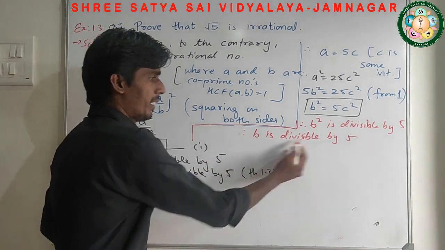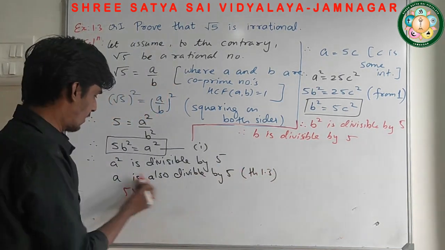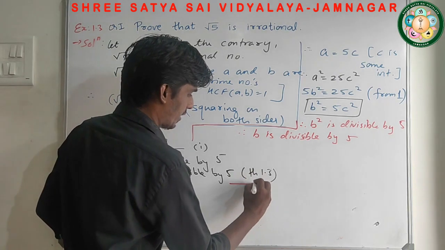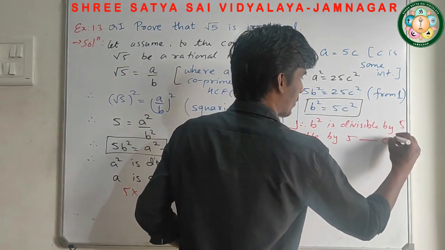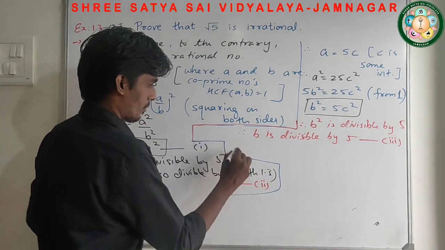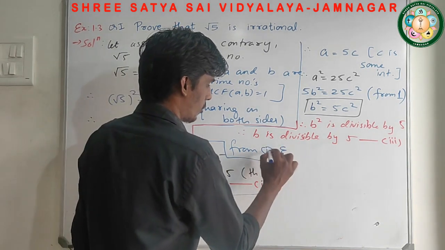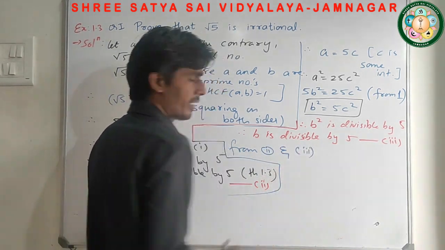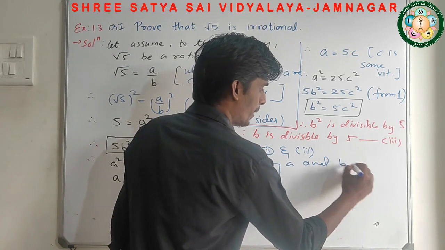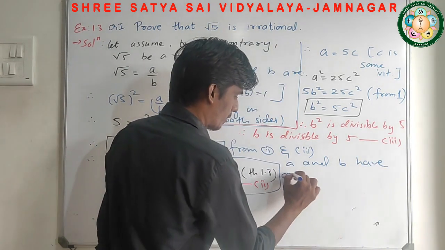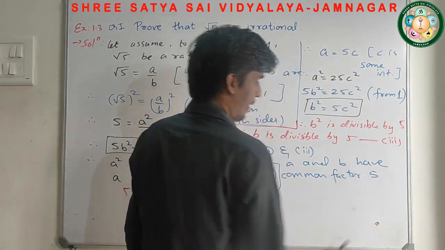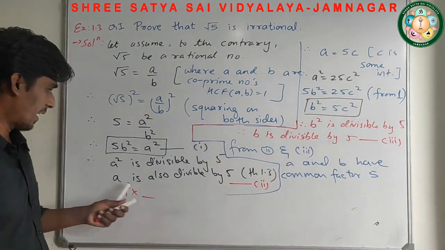So what does this mean? 5 is a factor of b and 5 is a factor of a. Say this statement is second, this statement is third. So from 2 and 3, a and b have common factor 5, because b is divisible by 5 and a is also divisible by 5.